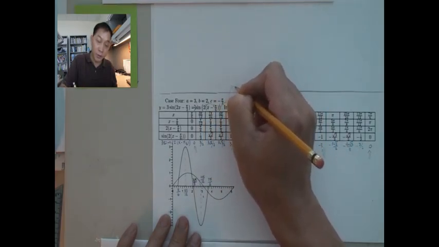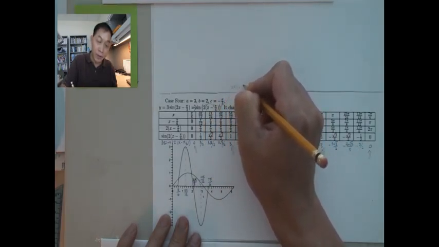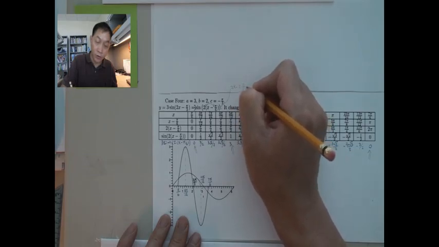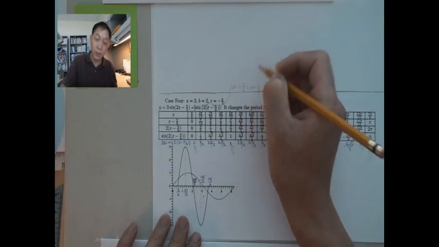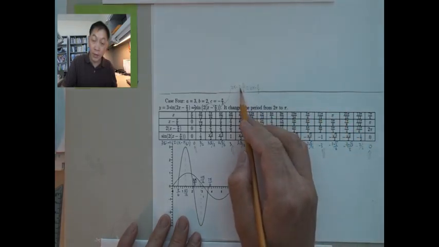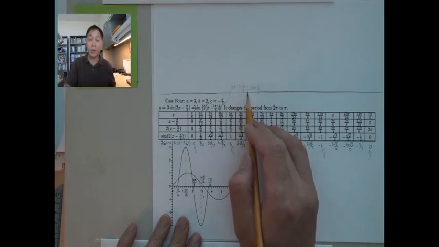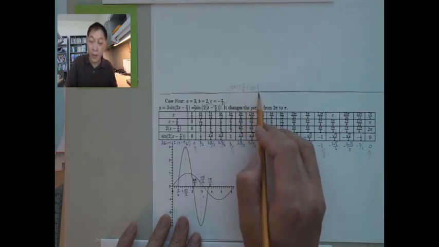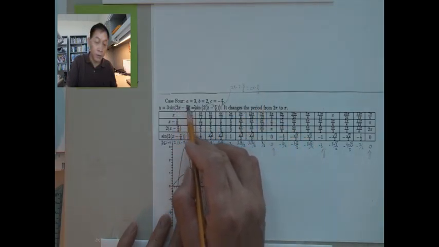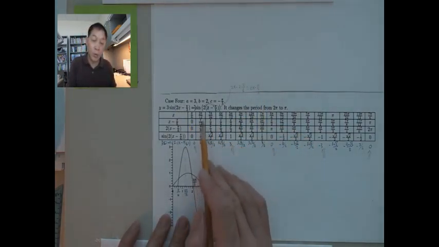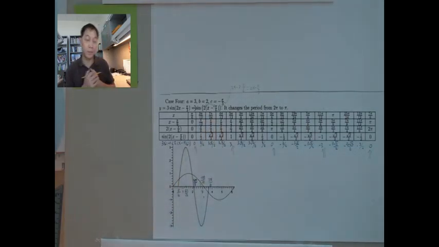You have 2x minus 2 times pi over 6. That's 2x minus pi over 3, because 2 is upstairs, 6 is downstairs, so the common factor 2 can be cancelled. You get that 2x minus pi over 3 is exactly this one. So when you pull 2 out, you have that.